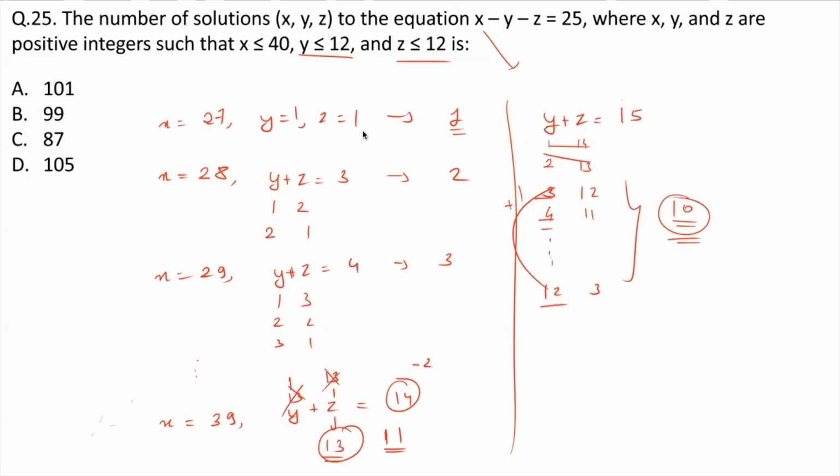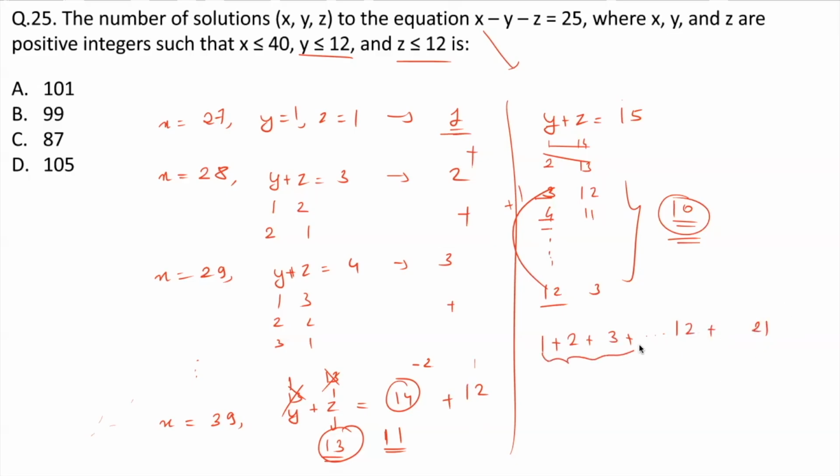So overall, I have 1 plus 2 plus 3 plus 4, up to 12 plus 11 plus 10. So the total number of solutions is 1 plus 2 plus 3 up to 12, plus 11 plus 10, which is 21.